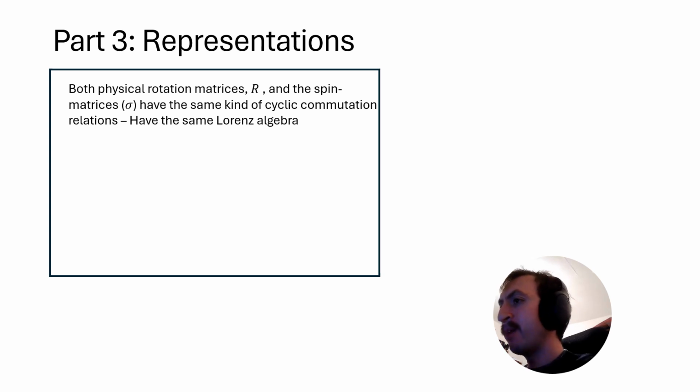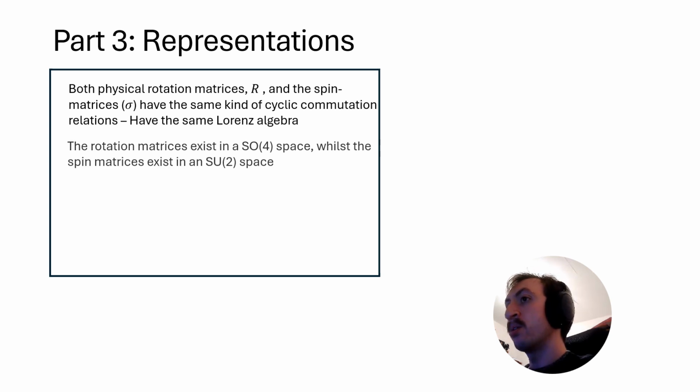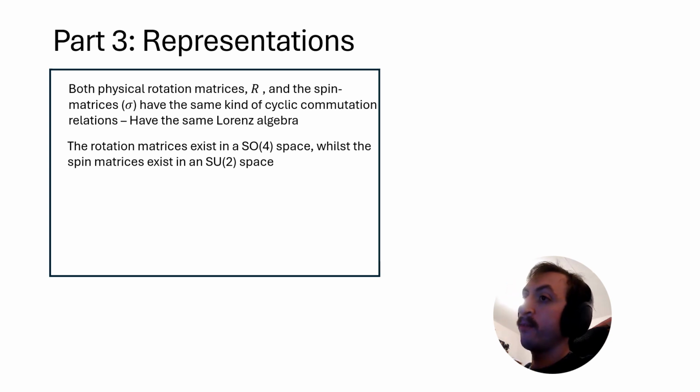They have the same underlying algebra, and so we can just think of Pauli matrices as another way of representing Euclidean rotation. Now, this might be a little bit surprising from a visual standpoint, because the rotation matrices, as we've discussed them, are SO4 matrices, whereas the Pauli matrices are SU2 matrices.